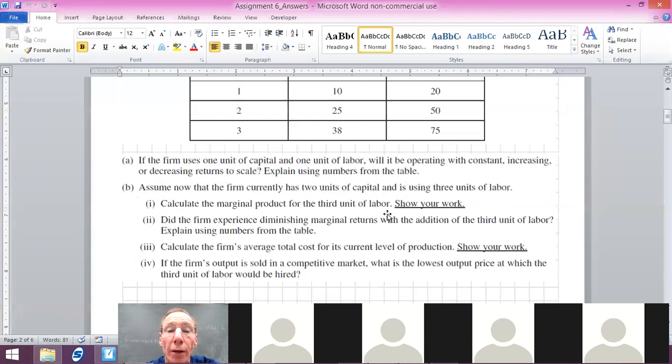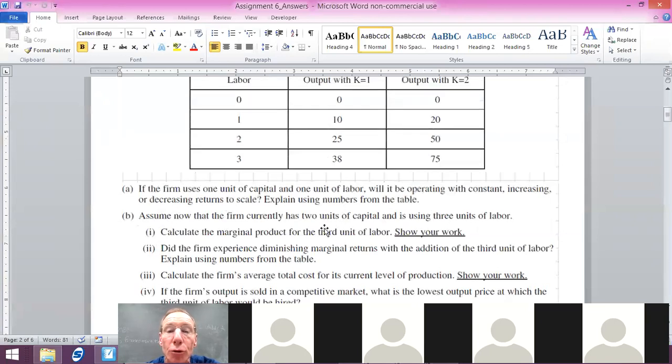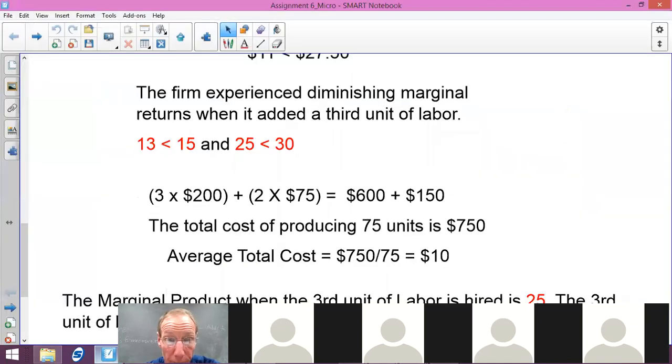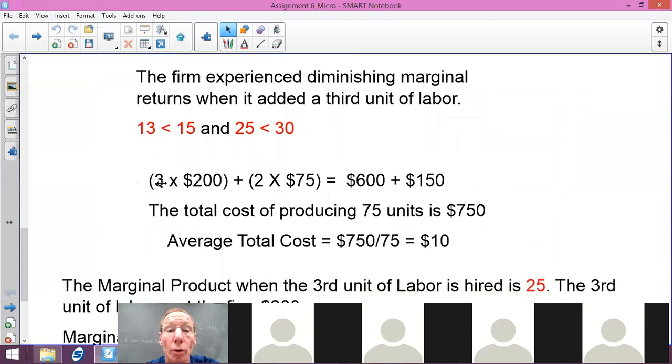So we're assuming that they're at a level of production with 2 units of capital and 3 units of labor, which we can add up the total cost right here, 3 times 200 plus 2 times 75, which is the rental rate of capital. This is the wage rate over here. So we get a total cost of $750.